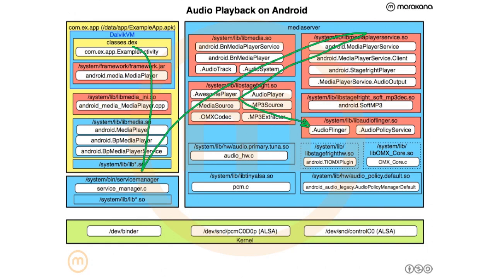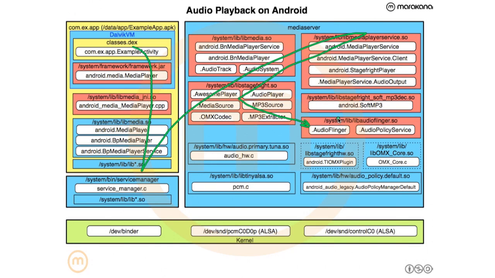And as they're pulling it, the packet gets read from this file, gets decoded, gets converted into a PCM stream, and is now given to Audio Flinger. At that point, Audio Flinger wants to play it.